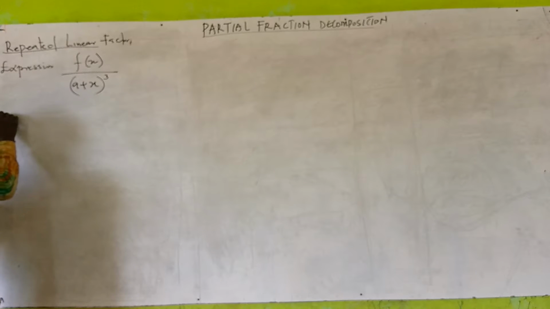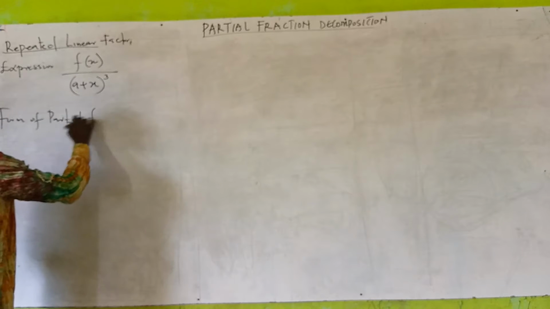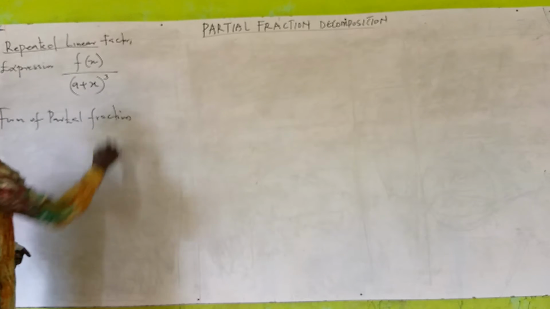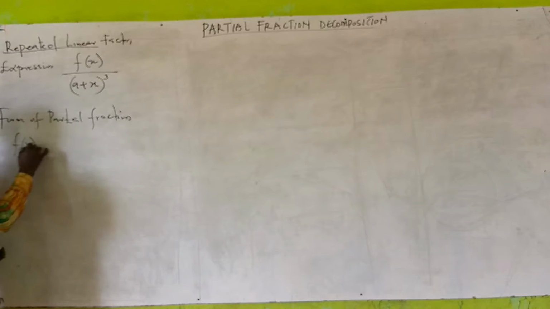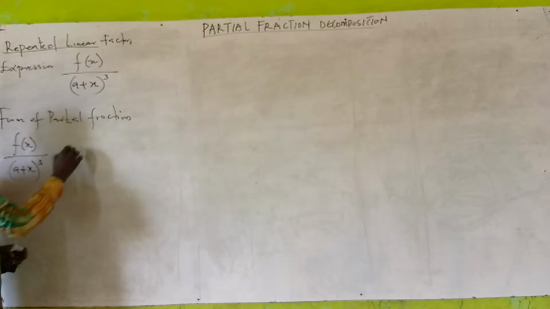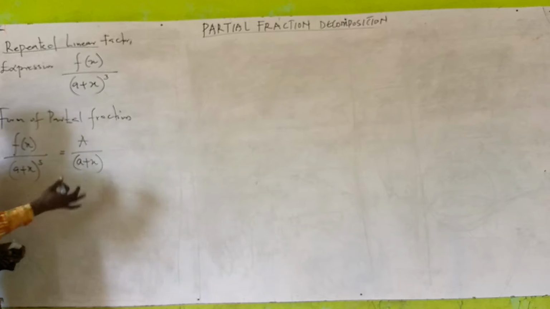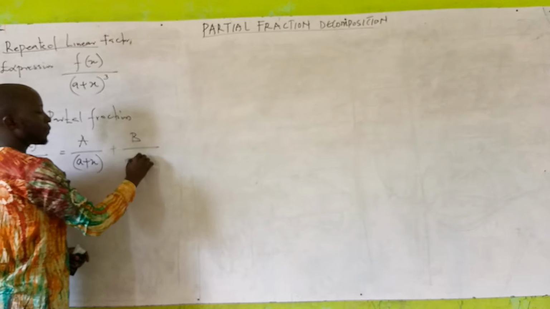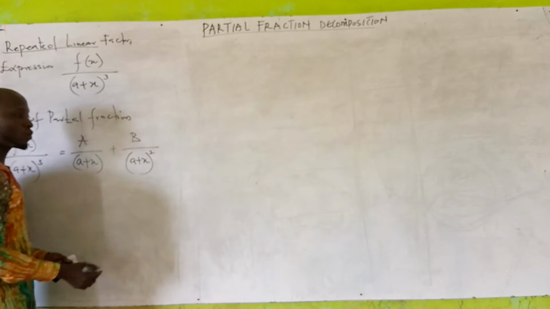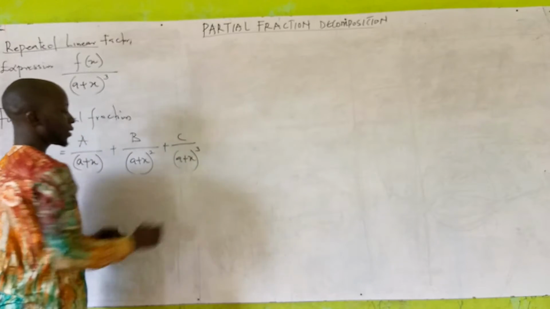Now, the form of partial fraction for this expression here, which is f of x over (a plus x) raised to the power 3, will be equal to, say, A divided by (a plus x) raised to the power 1, plus B into bracket (a plus x) raised to the power 2, plus C into bracket (a plus x) raised to the power 3.